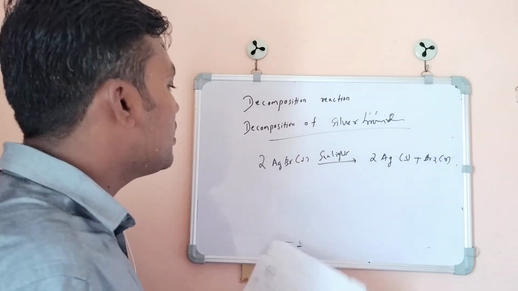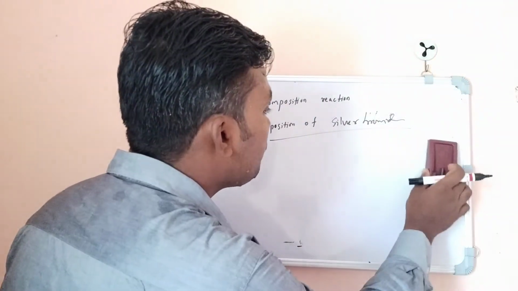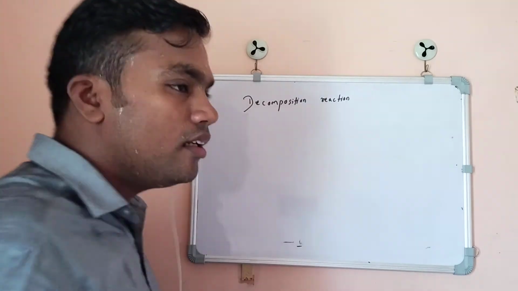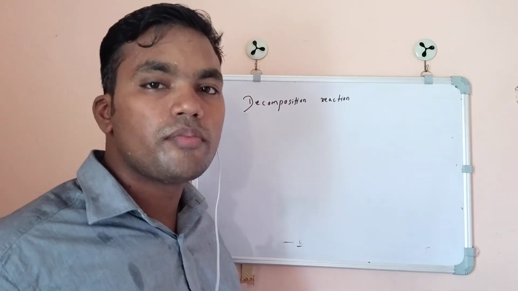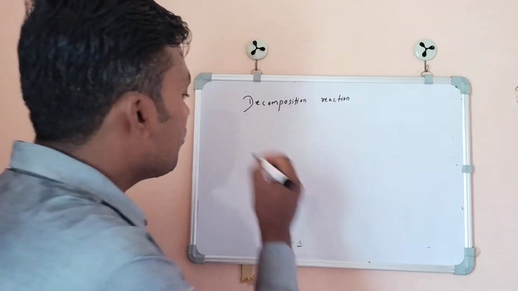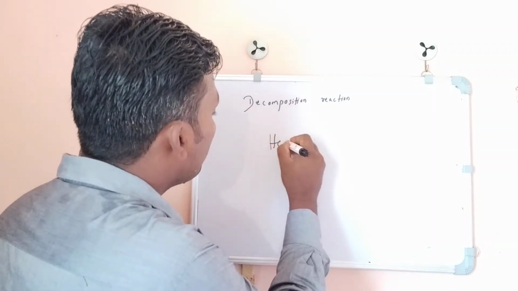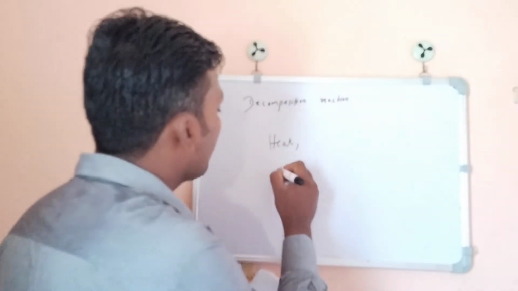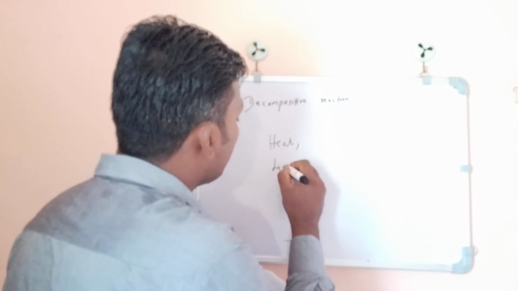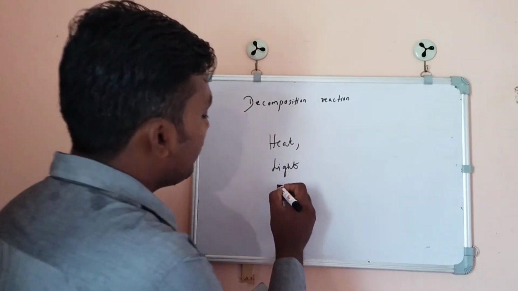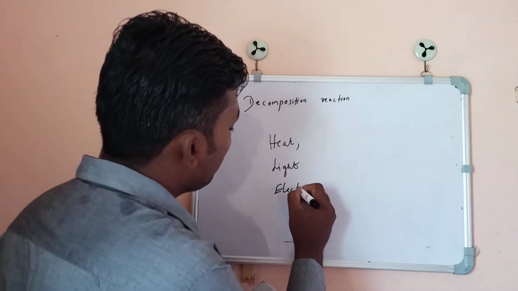Here, what form of energy have we used? To carry out any type of reaction, you need to give some energy. That may be in the form of heat or light or electricity.